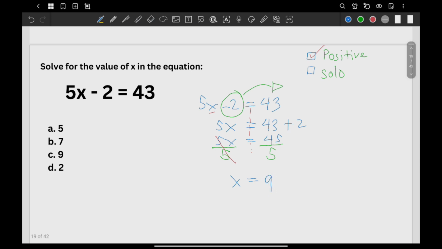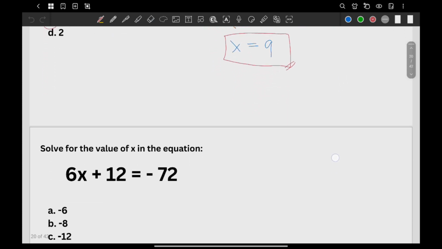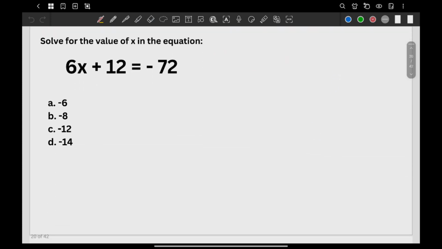That's 9. Sir, are we done already? Now, you ask yourself, is the variable x positive? Check, right? Is the variable x already solo on the left side or on the right side? Yes. So now you're done. The value of x is equal to 9. Okay, let's continue. Let's have more examples. Next one.